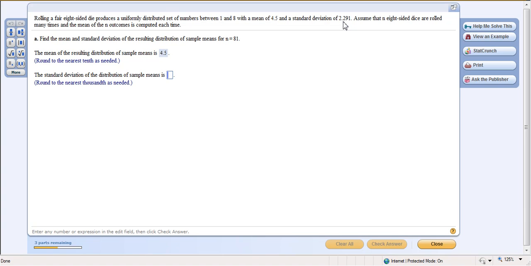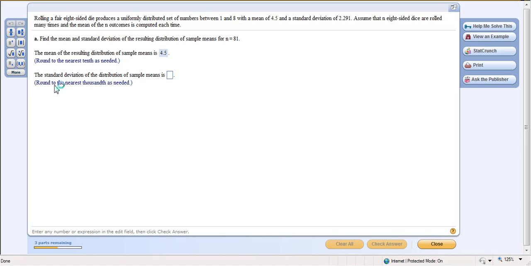So I'm going to take 2.291 and divide by the square root of 81. Of course, the square root of 81 is 9. So I'm going to take 2.291 divided by 9, which is 0.25455, and so on and so on.